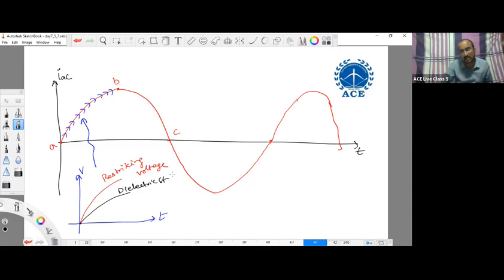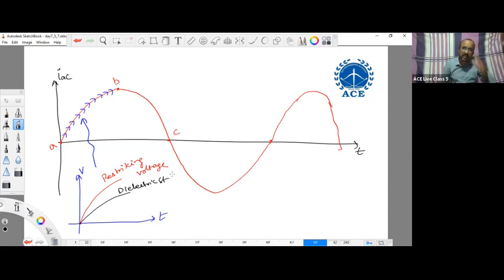Whenever the current magnitude is increasing from 0 to maximum, the rate of rise of restriking voltage will be more than the rate of rise of dielectric strength between the contacts.